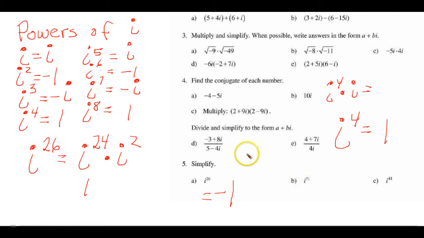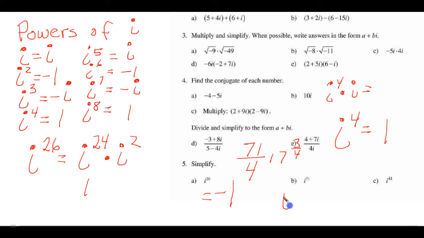Now, for 71, if you take 71 and divide it by 4, you get, it goes even, I believe, 17 times. And then there's a 3/4 left, or 17.75. So what is 4 times 17?